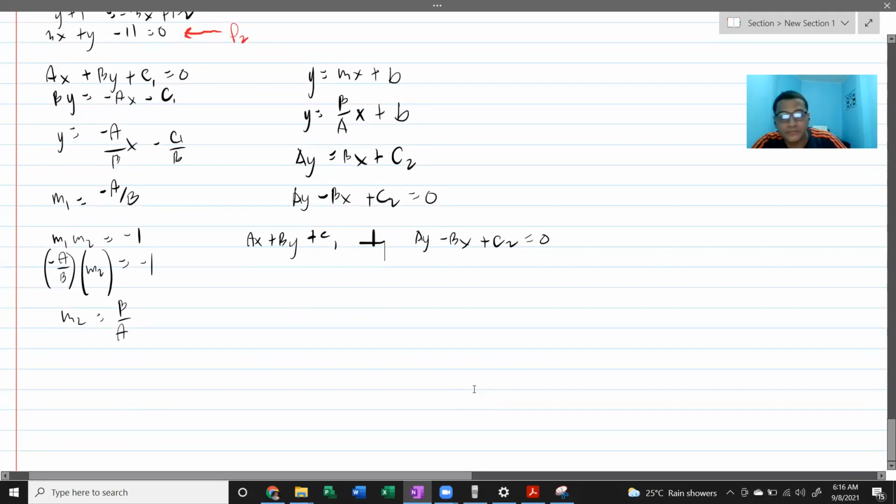So, we can use this very helpful relationship in order for us to solve for the equation of the line.